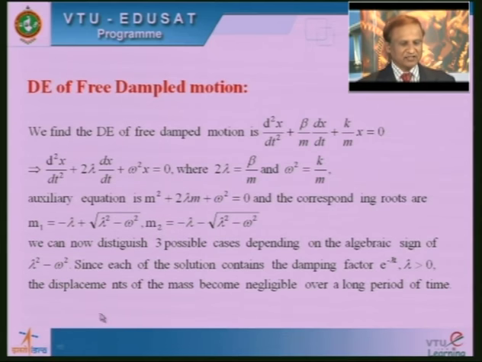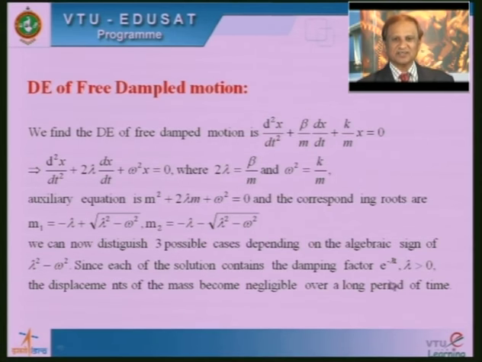The displacement of the mass becomes negligible over a long period of time. It means as t increases, that is, as time increases, the displacement is negligible. So, displacement becomes almost 0, that is the meaning.